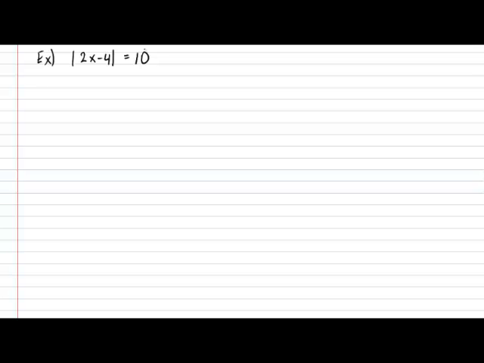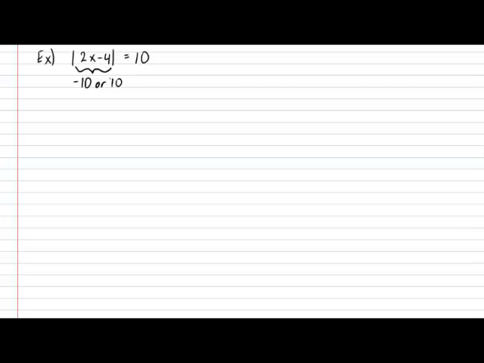Alright, let's see how you guys did. So if you thought about it correctly, you should have realized that the 2x minus 4 has to either equal minus 10 or positive 10. Why? Because if the whole expression was equal to 10, then the absolute value of 10 is equal to 10. Or if the whole expression was equal to negative 10, then the absolute value of negative 10 is also 10.